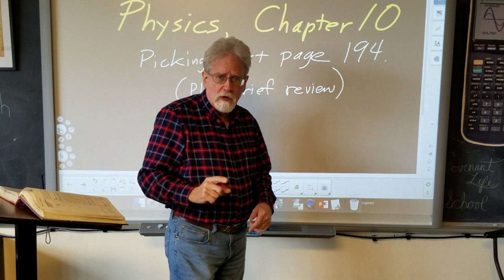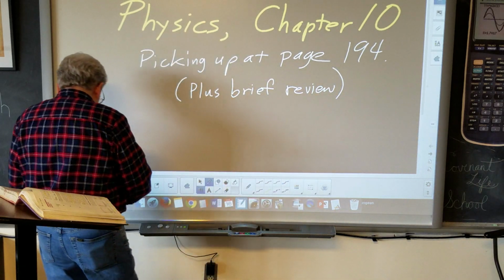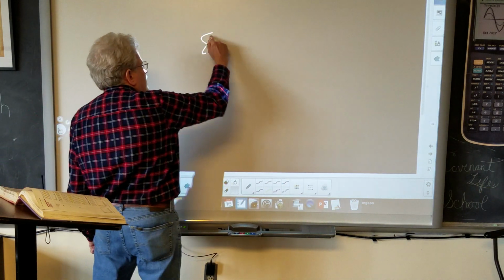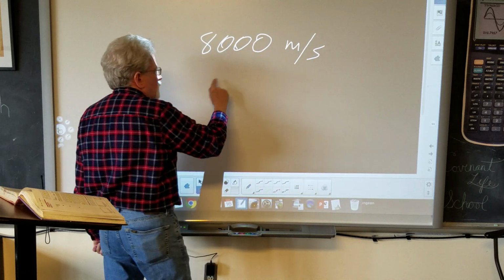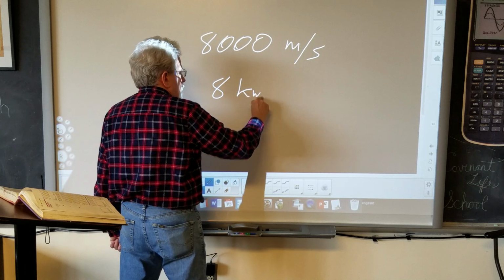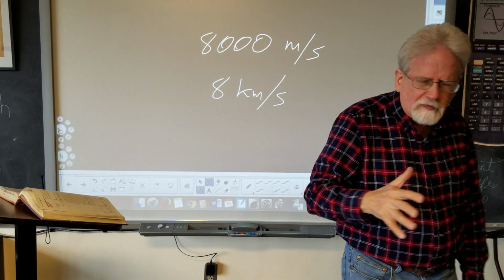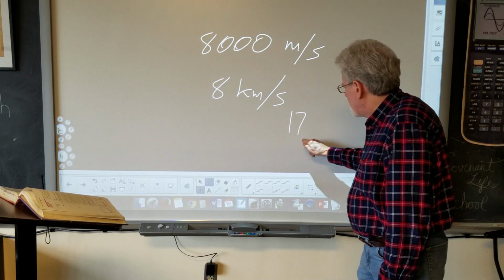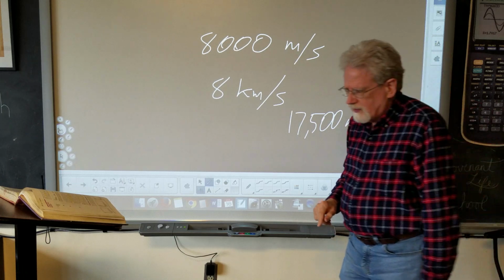And as you know from our previous discussions, that occurs at a speed of approximately 8,000 meters per second, otherwise known as 8 kilometers per second. And that's in the vicinity of 17,500 miles per hour.